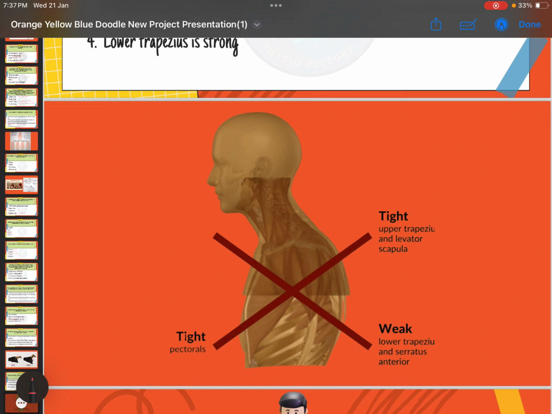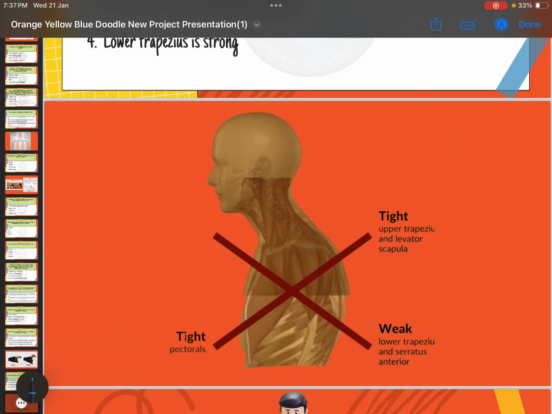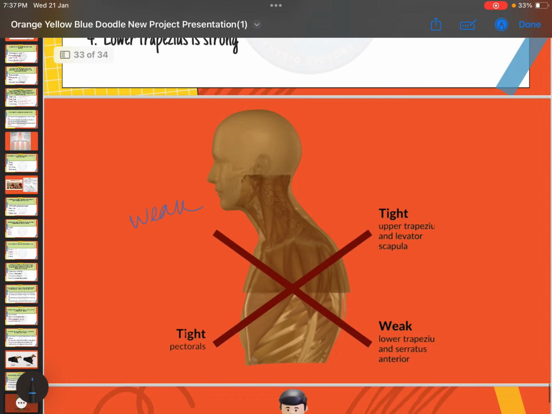There are weak deep neck flexors, weak lower trapezius and serratus anterior, and tight pectorals, and tight upper trapezius and levator scapulae.